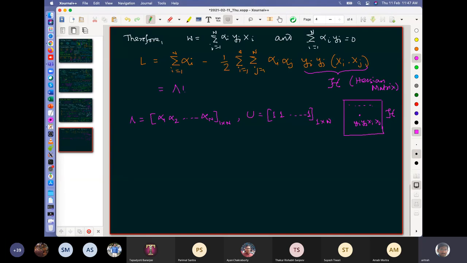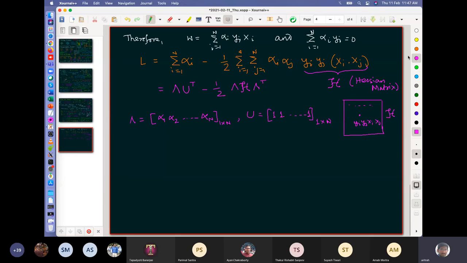You see, I can write it as minus half of, this is my H, as you know. So I only need to do half of this. So this is my alpha transpose H alpha, one for alpha i, one for alpha j, transposed, because you need to compute a particular expression.